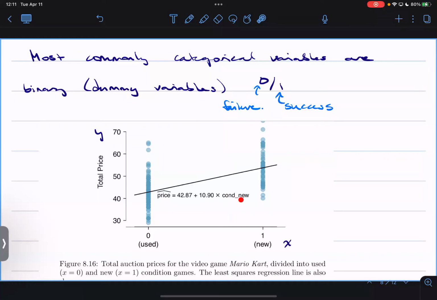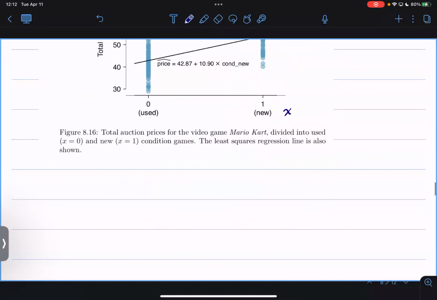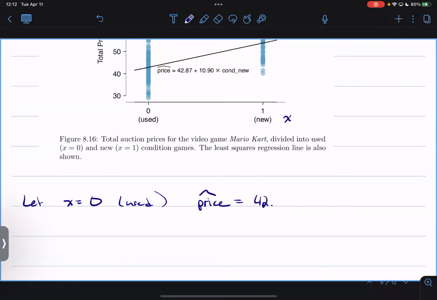And with only two values of X, right, we can figure out what the predicted price is for both of those categories, right? If the condition new, which is just the variable that houses a 0 or a 1, right? If I turn that to 0, then the predicted price is 42.87, right? And so here, if we let X equal 0, then the game is used, then the predicted price is 42.87 plus 10.90 times 0.